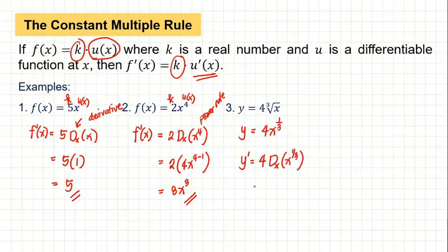Okay? And now, differentiating this one, we have 4 times the derivative of x to the 1/3. We will bring down 1/3. Then we have x to the 1/3 minus 1. Okay? Simplifying, you will have 4 times 1/3 is 4 over 3. Then we have x to the 1/3 minus 1 is negative 2/3. You can have this as your final answer.